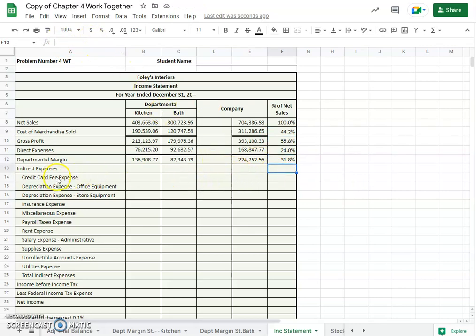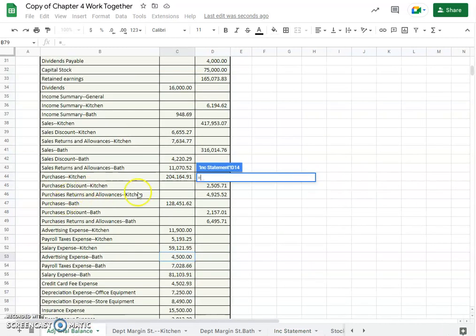And now we'll do our indirect expenses for the total company. Credit card fees expense, we should be able to get that off of our trial balance. And then let's just check depreciation expenses, insurance, miscellaneous, payroll, rent. If those match up with the exact order on our adjusted trial balance, we could just drag it down.